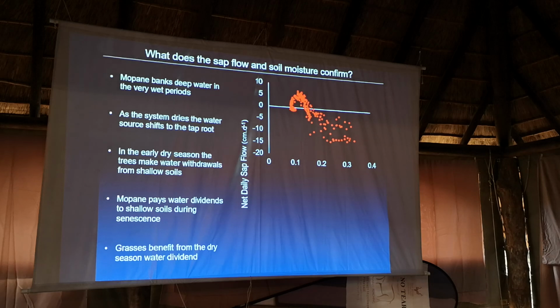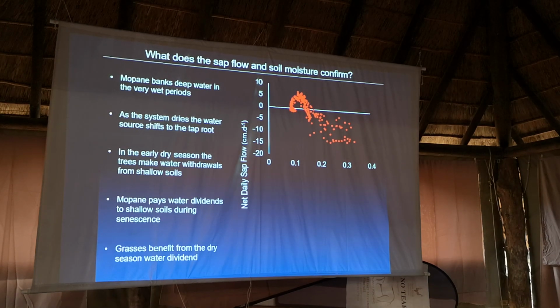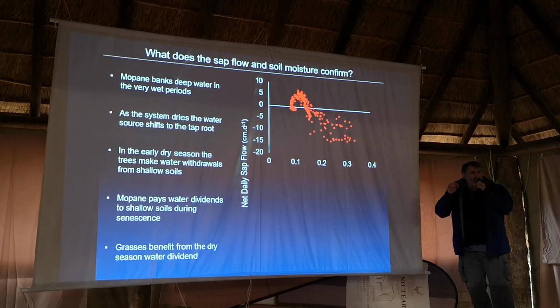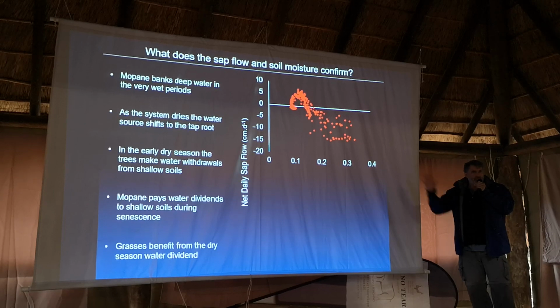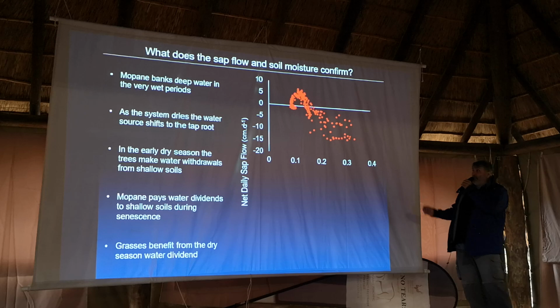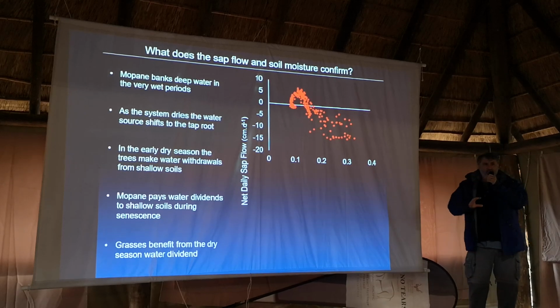So this is where we're at so far with the data. I reduced the soil moisture and sap flow for the shallow root to the daily net transport. So there's 365 points instead of hundreds of thousands of points. And there's an annual cycle that's taking place here.